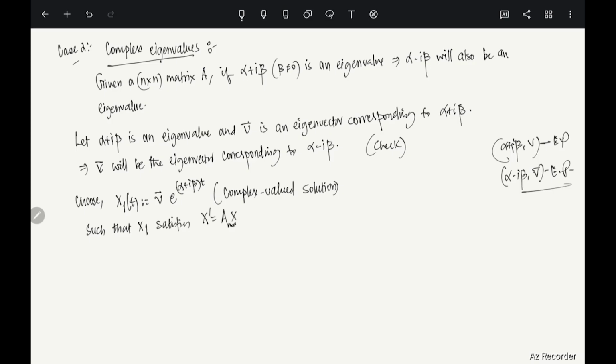Please remember, a is a real, n cross n constant matrix. So a is real, but the solution which you are going to get here, in this case x1 of t, we are saying let it be a complex valued function. Here I should not write it as a solution, I should write it as a function. So let this complex valued function solve the system x prime equals to ax. That's what we are assuming. Clear?